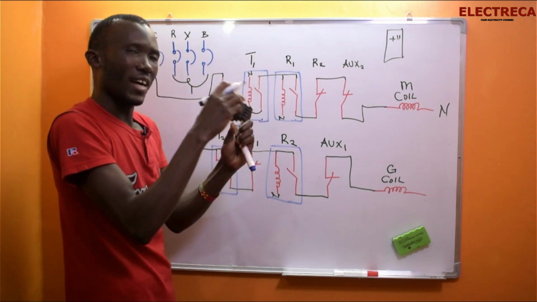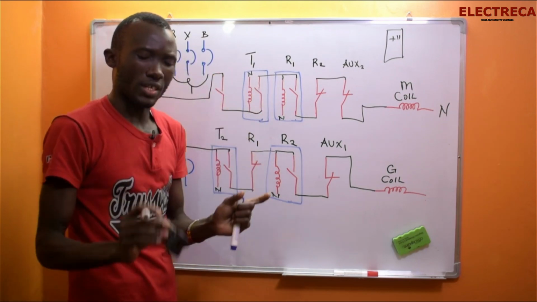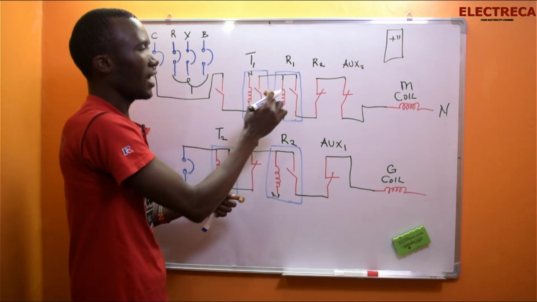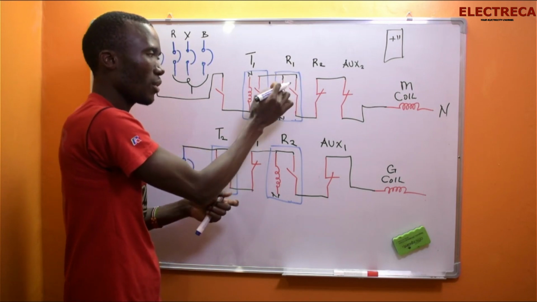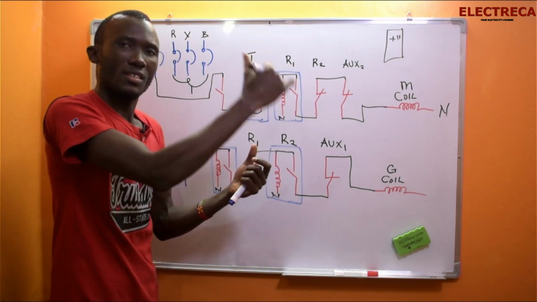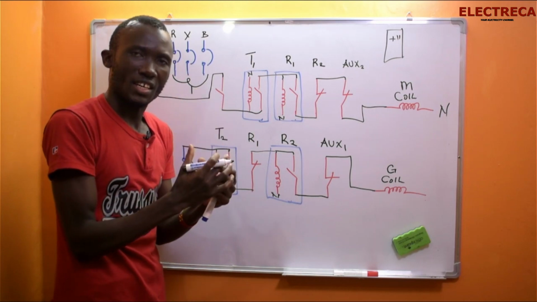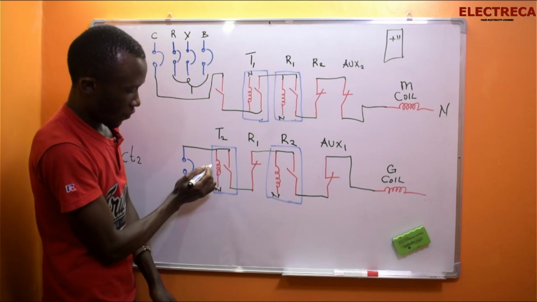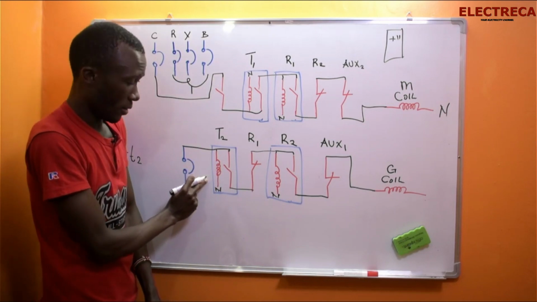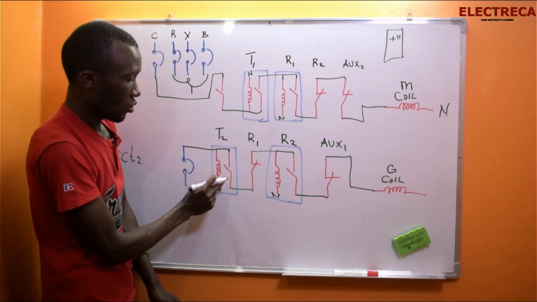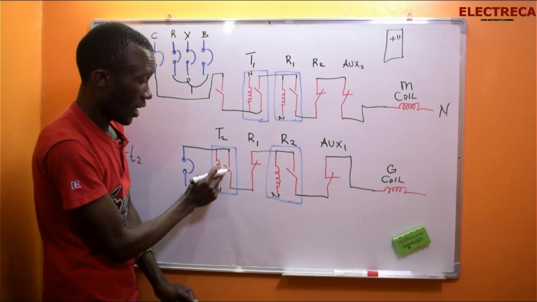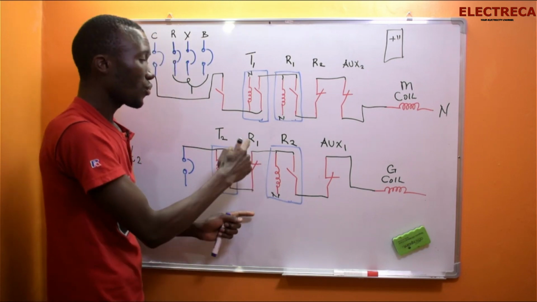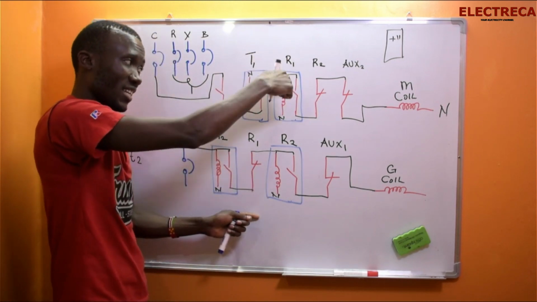Now relay has many contacts, okay? So if this power goes through this R1, because it closes, it will send a signal to the generator, okay? The generator will start, and when the generator starts, our current will move right here and supply the timer here. And this timer will close its normally open, and then it will go through R1 because R1 is de-energized.